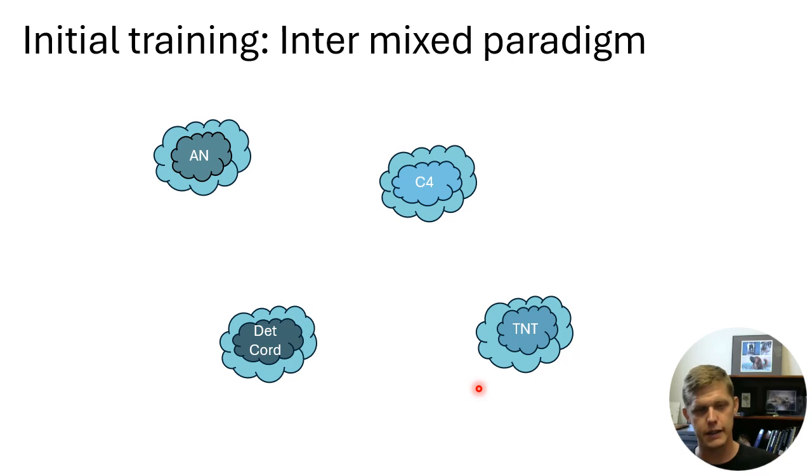We'd have little blocks of it, say you get 3 AN, 3 C4, 3 TNT, 3 det cord, 3 TNT, 3 C4, 3 AN. But all within the session, the dog would see all of these, instead of having them go one after another like we do in the sequential. So we have individual odors, but all of them are appearing from the very get-go of training rather than training all the way on one and then moving to the next.